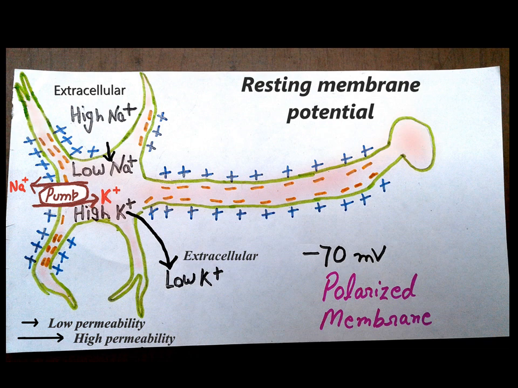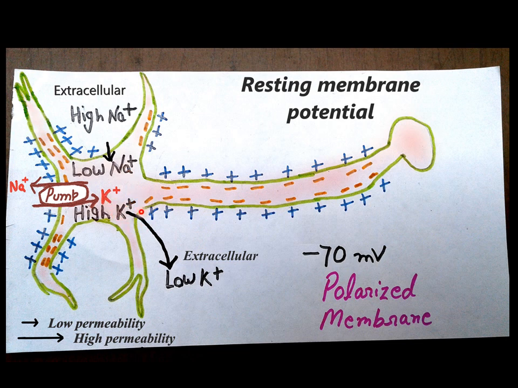Potassium is the main intracellular positive ion and sodium is the main extracellular positive ion. Distributions of these ions are maintained by the sodium-potassium pump. At resting conditions, the cell membrane is less permeable to these ions but more permeable to potassium than sodium ions.